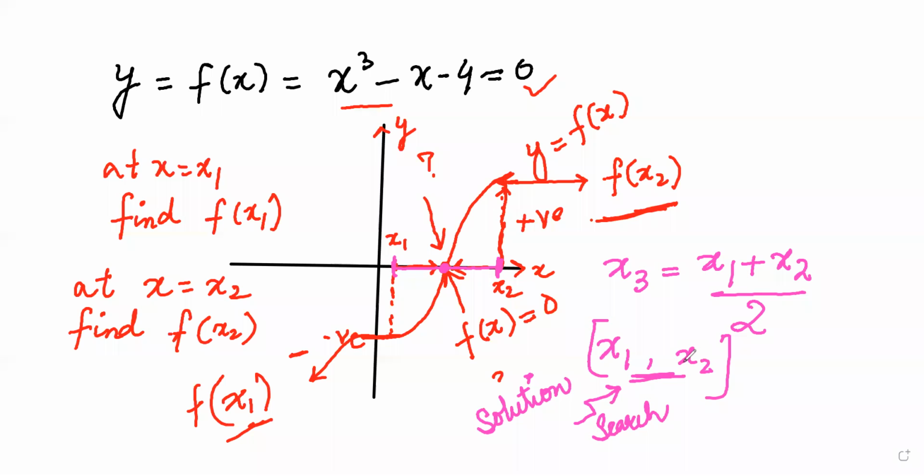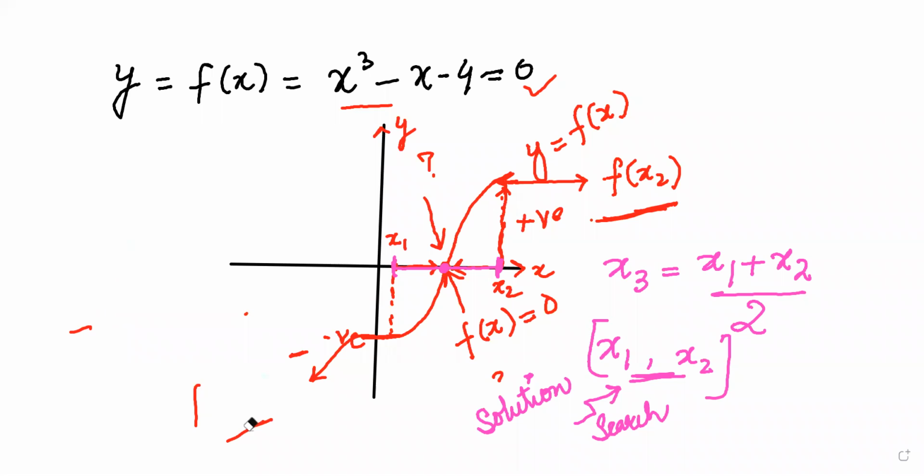Now, once you have obtained f of x1 and f of x2, and made sure they are in opposite directions, take the third value of x, that is x3, which is x1 plus x2 divided by 2. This x3, the average of the two values x1 and x2, can be here, or it can be here.